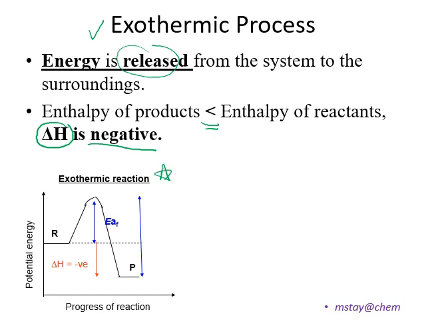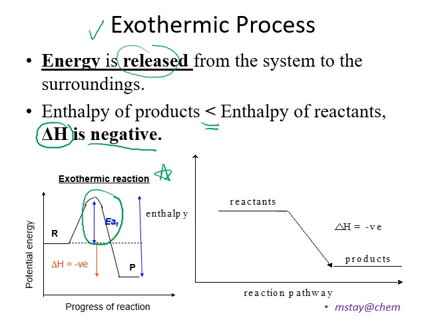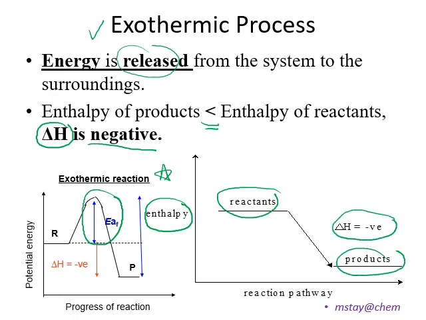There, we were able to show the activation energy. However, if the question is in the thermochemistry chapter and asks you to sketch the energy profile diagram, you can actually sketch this energy profile diagram, where, as usual, you label enthalpy on the y-axis, reactants, products, and also label delta H with a negative sign, which shows that it is an exothermic process, without showing the activation energy.